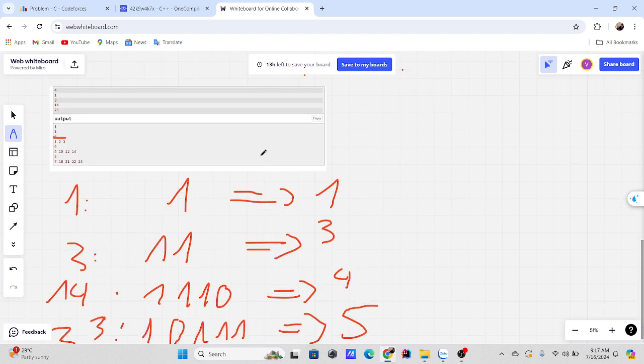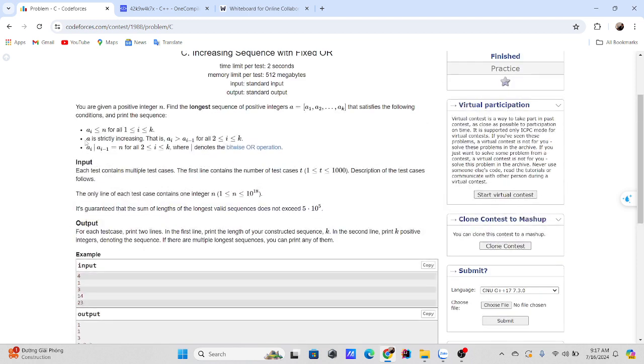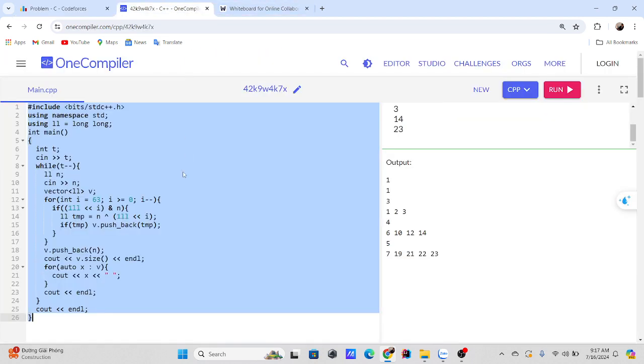So next, let's try to understand how we can apply this with the second condition. We must print this sequence strictly increasing, right? So how can we do this?